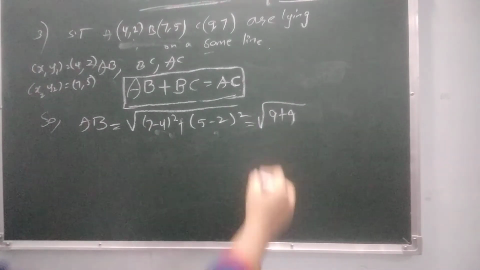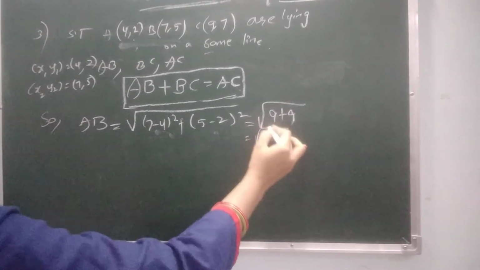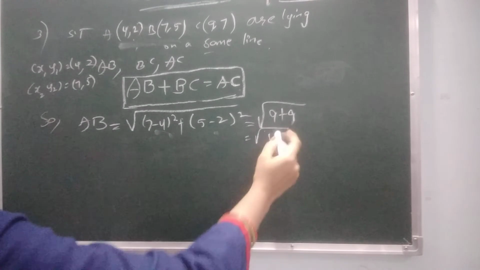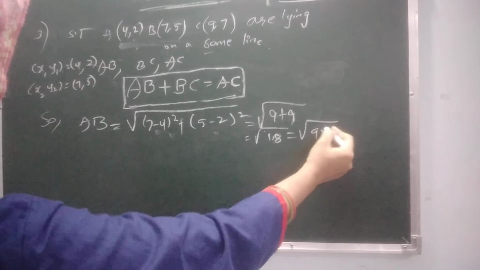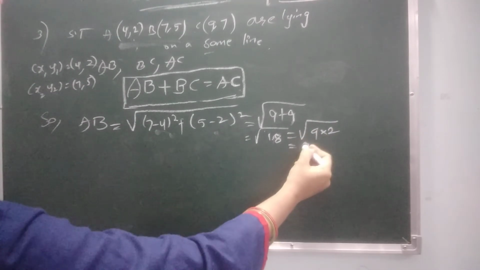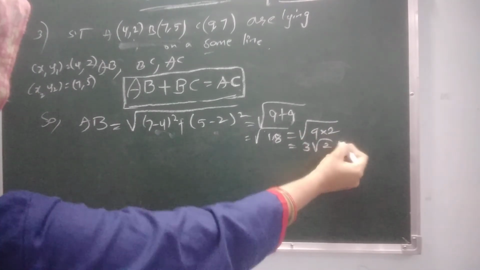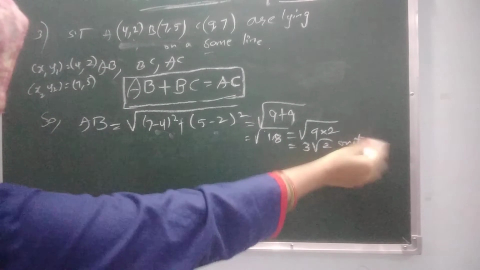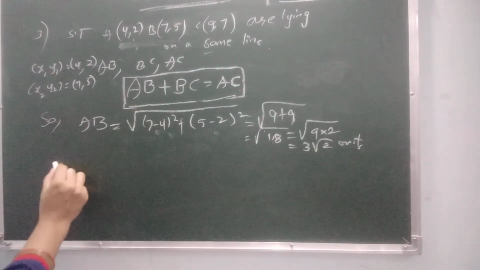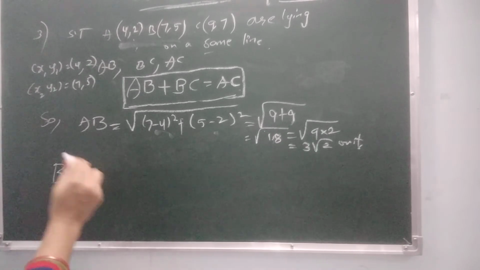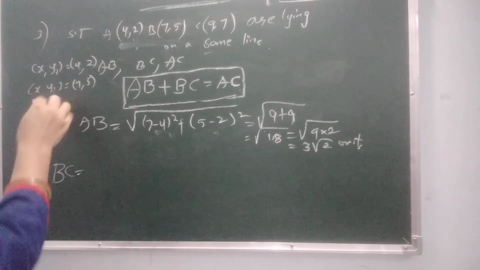Okay, that means root 18. 18 can also be written as 9 into 2. That means 3 root 2 units. AB equal to 3 root 2 units. Okay, next we have to find the distance between B and C.